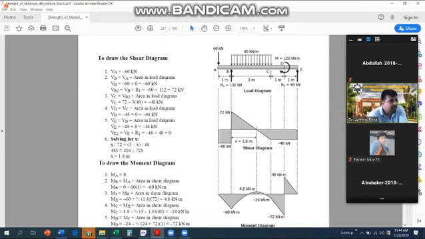At B, we have another load, that is the reaction load, 132. So I will compute VB2 as well. So minus 60 plus 132, so 72. So far we have 3 points. One point was minus 60 at A. Then at B, I also have a minus 60 point. Then at B, we'll have 2 points. So 1 point was minus 60, 1 point was 72. So we compute 72 as well.